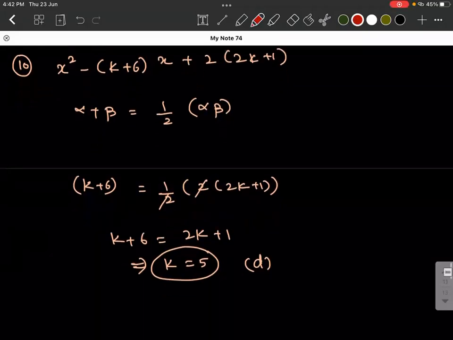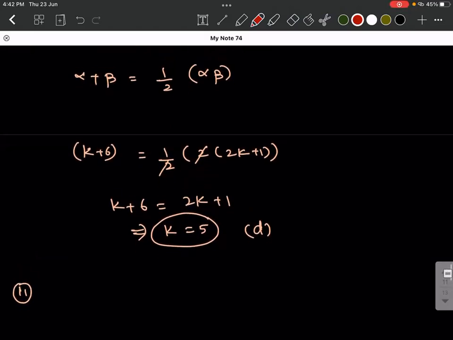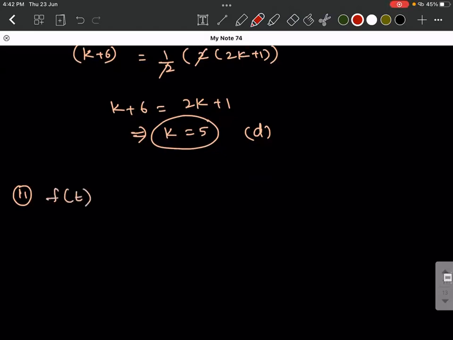Okay. Shall we try the 11th one? So all are easy only. You asked me a doubt, did you understand? Okay. So alpha and beta are the zeros of the quadratic polynomial. See, they are giving this f of t and all those things, right? Generally, f is used for function.